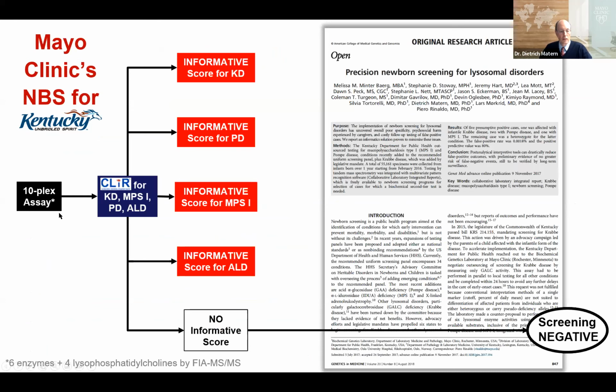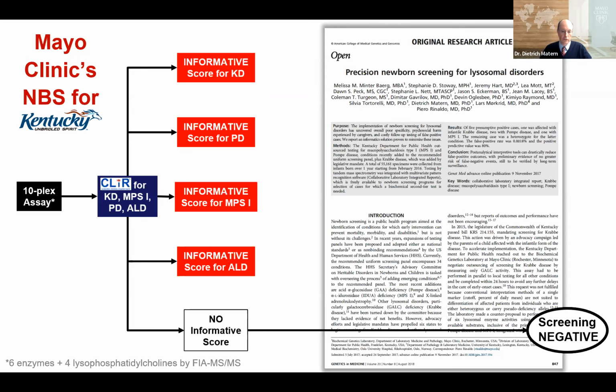So what we do, we run a 10-plex assay that Joe mentioned, basically looking at 6 lysosomal enzyme activities and measuring the concentration of 4 lysophosphorylcholines. The lysophosphorylcholines are the markers for adrenoleukodystrophy, and the 6 enzymes clearly include GALC activity, and then acid alpha glucosidase for Pompe disease and alpha iduronidase for MPS I. And then it also measures the activities for acid sphingomyelinase and the enzymes that are deficient in Gaucher and Niemann-Pick AB disease.